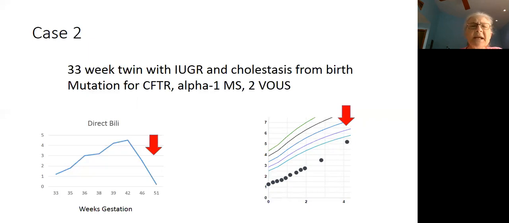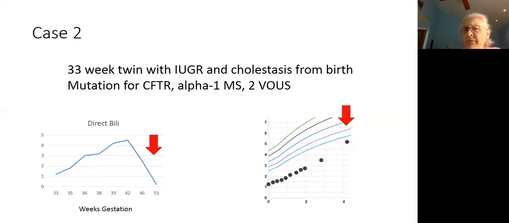And as a preemie, he just didn't grow well until a couple of months after term, and he just took off. We don't know if this had anything to do with his transporters, but transporters are normally low in preemies.